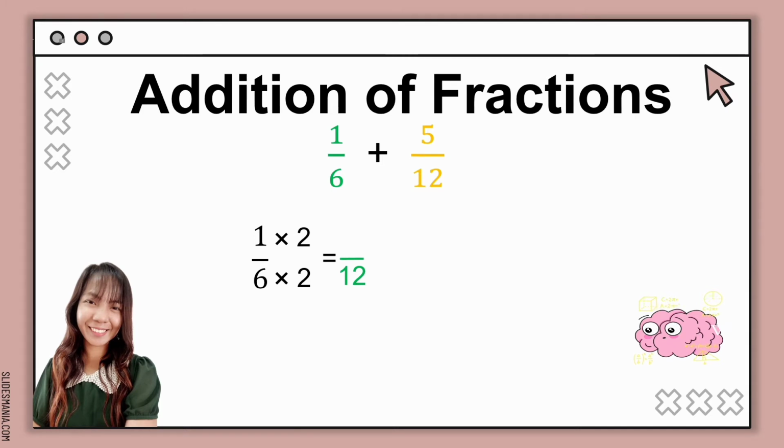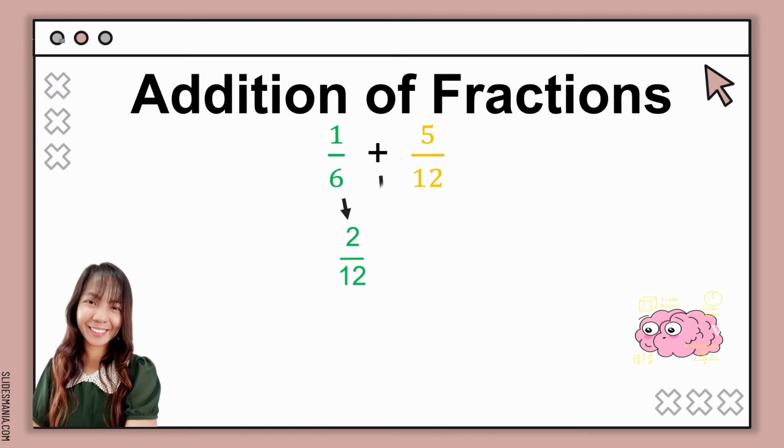Alright, so 1 times 2 is 2. So that's the new fraction. From 1 over 6, it becomes 2 over 12.